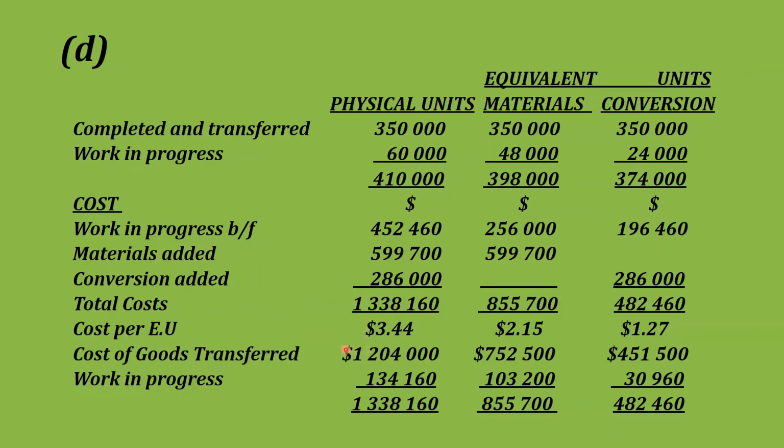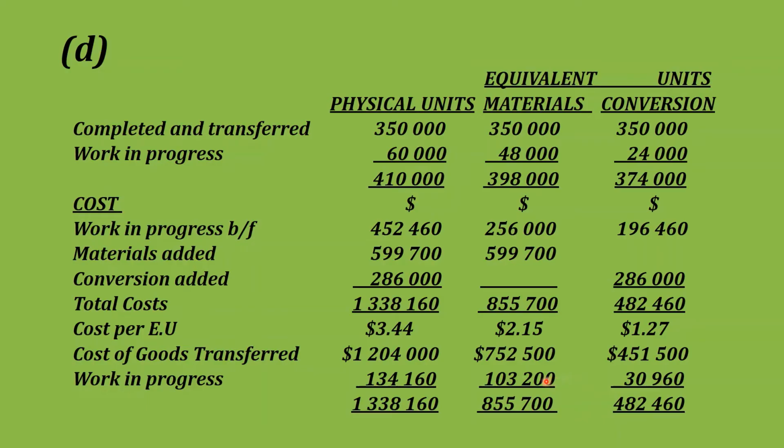Okay, cost of goods transferred, right? We will multiply this by the 350,000 and we will get 1,204,000. The work in progress, we will multiply the 48,000 by $2.15 and we'll get 103,200. And the 24,000 by $1.27, we get 30,960.